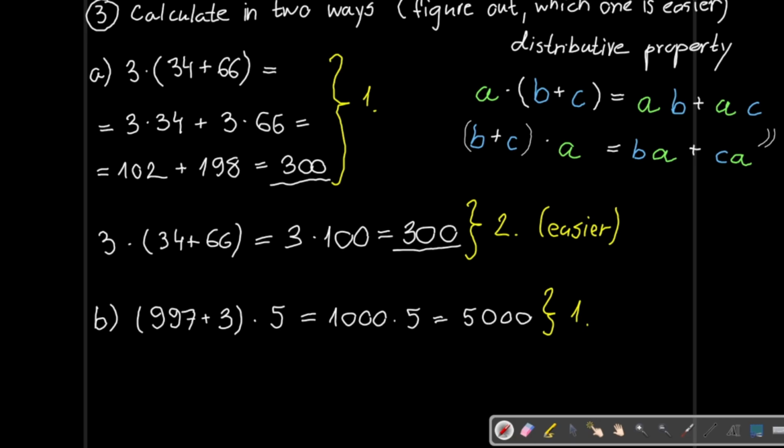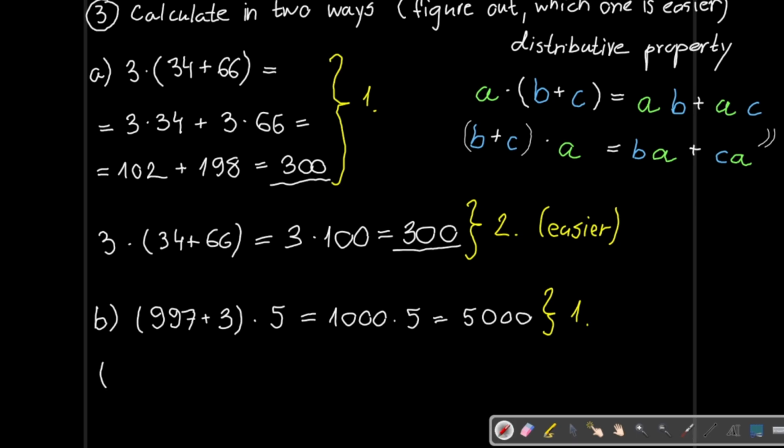Now, why did I explain that? We can use the distributive property here as well, but in this case we have the bracket first, while in the previous example we had a bracket as the last number.